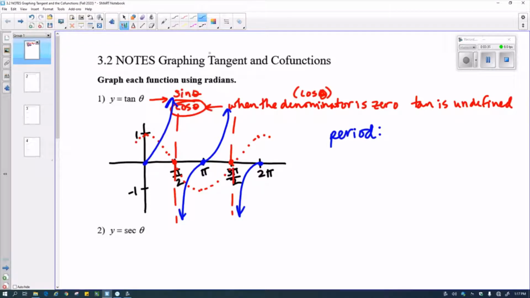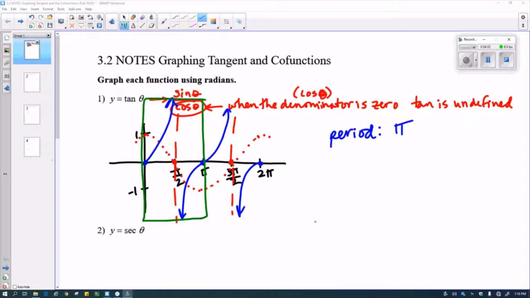So if you look very closely at this graph, the repetition starts after pi. And that's because it takes both sine and cosine to create this graph. So the period of the graph is going to be half of what we would expect for a sine and cosine. So the period ends up being pi.